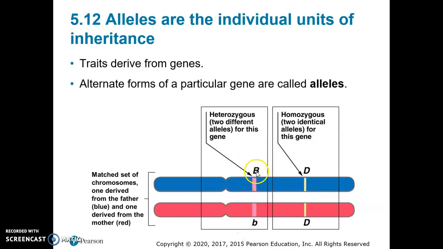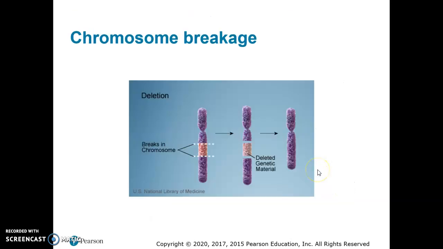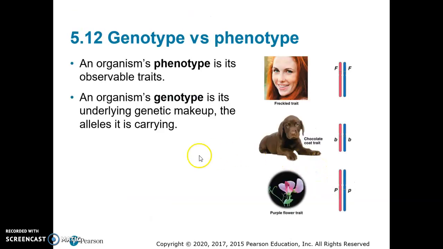And I've got the brown allele and I've got the blue allele. Or I can say I'm homozygous for hair color, meaning I have two identical forms of the allele. Okay, so their phenotype is the visible traits, and genotype is the letter combination.